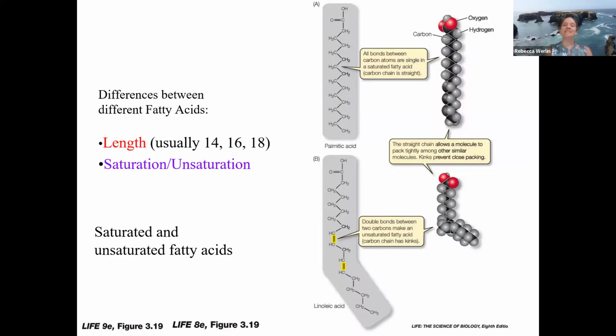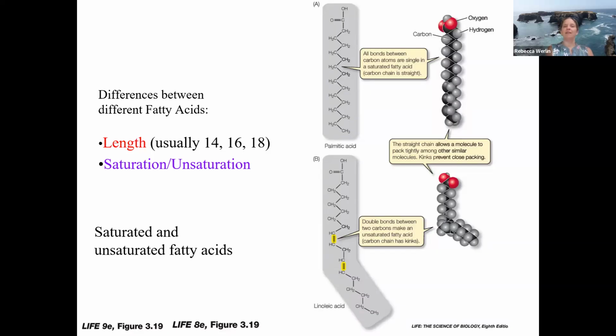Now, if you have unsaturated fatty acids, that means there's a double covalent bond in there. Maybe one, maybe two, maybe more. If you have double covalent bonds, that means you have carbons that have two covalent bonds to another carbon and thus have only one hydrogen attached.